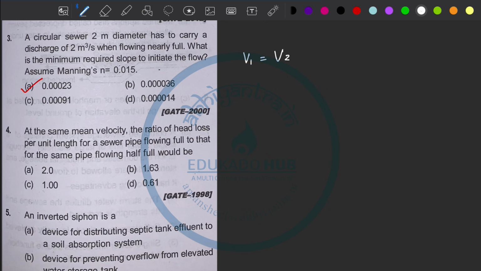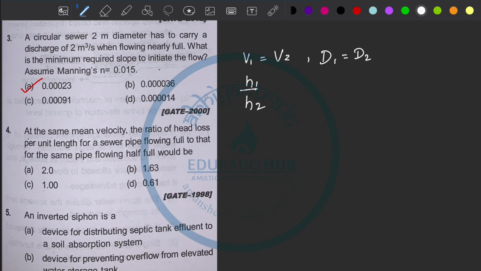The ratio of head loss H1 and H2 per unit length of the sewerage pipe flowing full to that of the same pipe flowing half full. Same pipe means diameter 1 is equal to diameter 2.